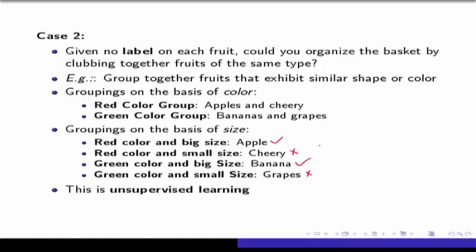So it is only in this simple setting of 4 types of fruits that the combination of these 2 attributes helps you identify each fruit uniquely. This process of organizing based on grouping of types or entities which have similar attributes is called unsupervised learning.